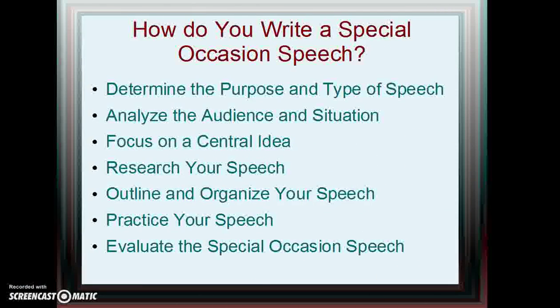Once you have that, you can analyze your audience and situation, which you've been doing all along. Once you determine, I'm going to give a best man speech, then you focus on your central idea. Well, my best friend's getting married next year. He wants me to be his best man, so I went ahead and wrote the speech for this assignment.